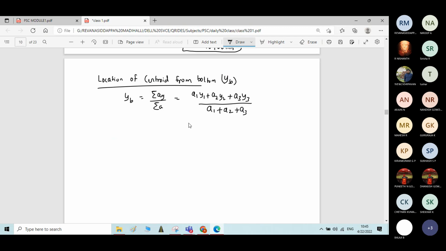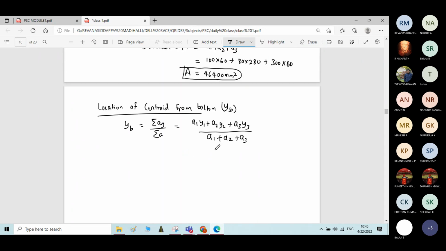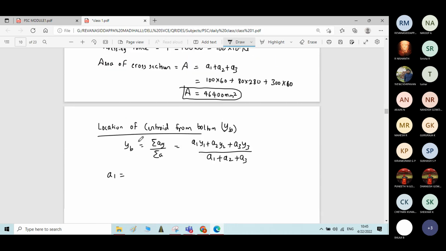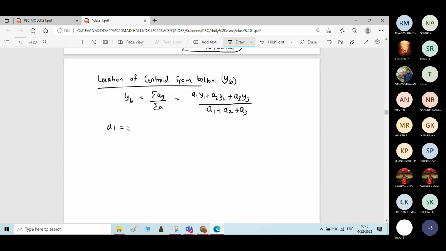With respect to 3 components, I have expanded the formula. Now you calculate all these values: A1, A2, A3, and Y1, Y2, Y3. A1 is equal to area of rectangle 1. It is 100 by 60.